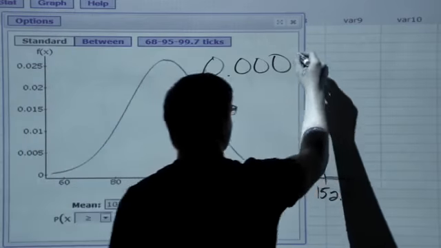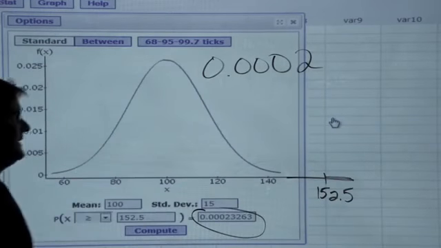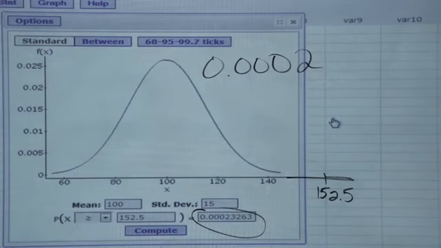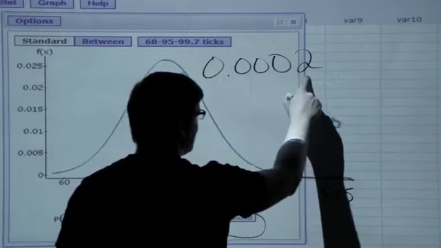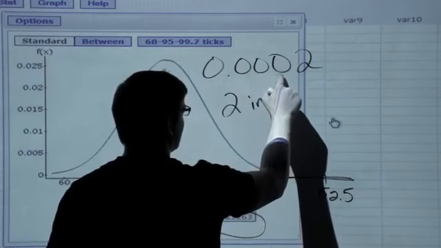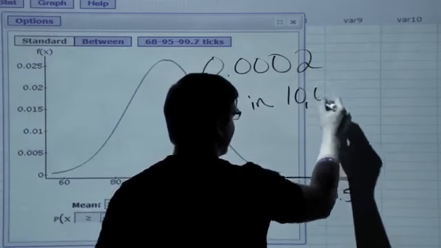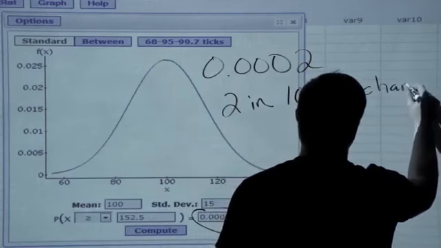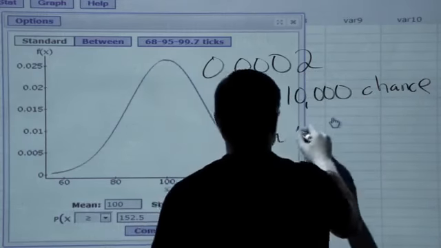We've got 3 zeros and then a 2. You could put the 232 if you like, but I'll just round it to 0.0002. That is quite unusual. This is a 2 in 10,000 chance. This is a 1 in 5,000 chance.